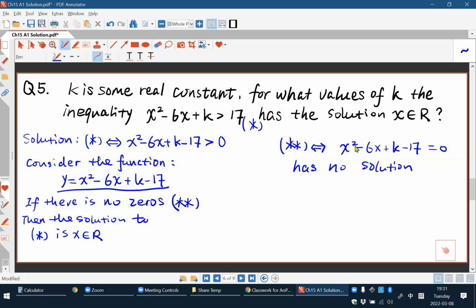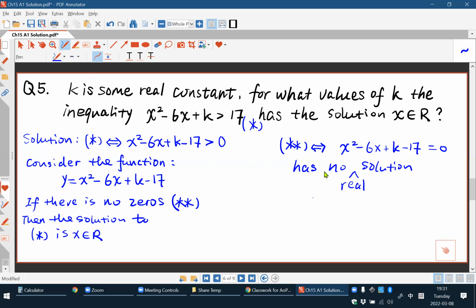You follow me? Yeah. So this function has no zeros. It is equivalent to this equation having no solution. So how do we achieve this? This is a quadratic equation. It has no real solution. How do we achieve this?